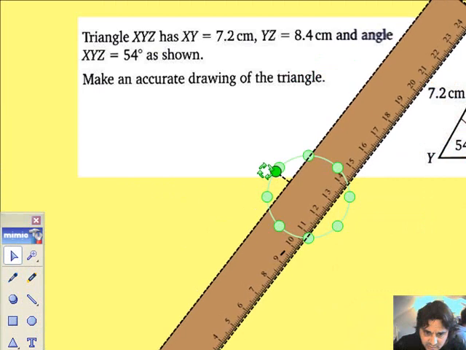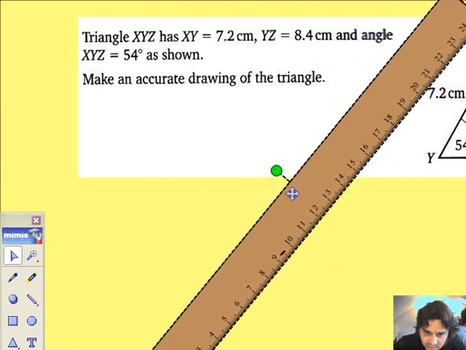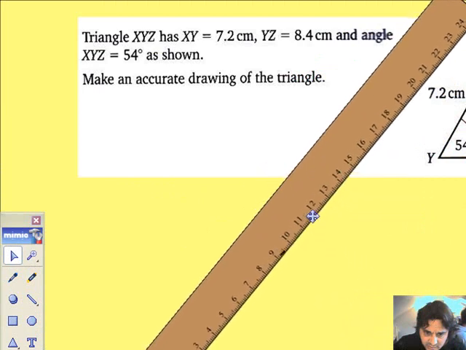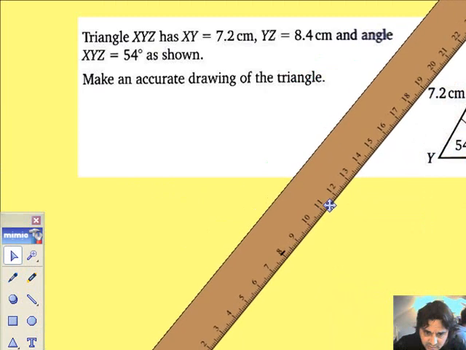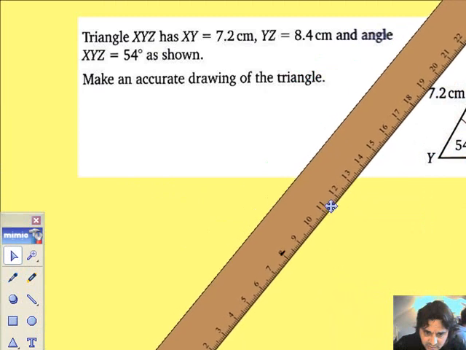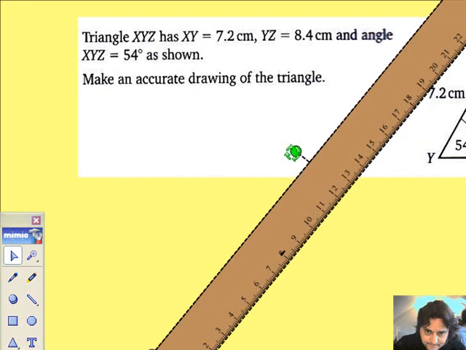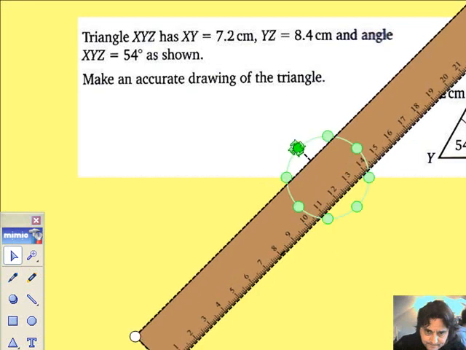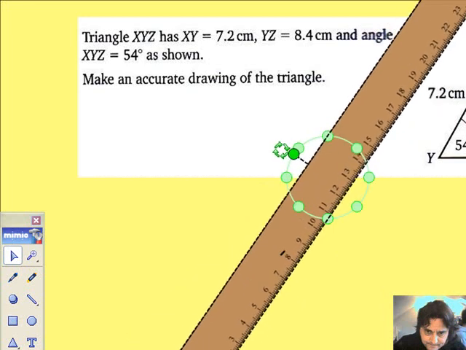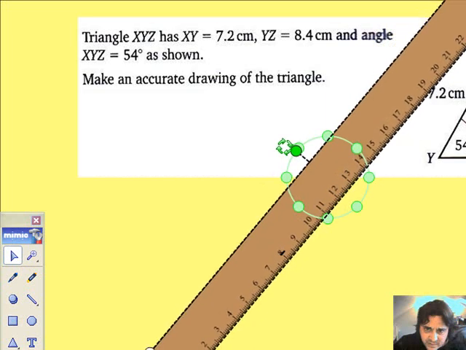It's okay there, it's gone too far, so let's just rotate that a little bit more. A little bit. Move it along a bit. Really hard. You see what I'm trying to do? Just give it another bit of a spin.